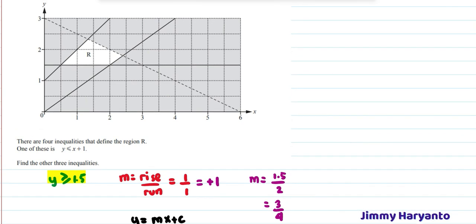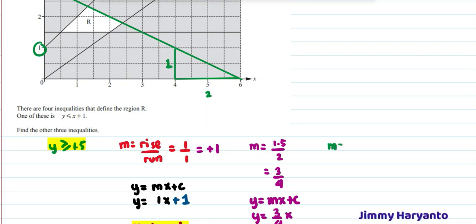Next is the third. For the third, let's use the same methods. I will create a triangle first. Let's choose this one. Okay, so the rise equals 2. The run will be 6 minus 4 equals 2. Oh, my bad. The rise will be 1. Yeah.